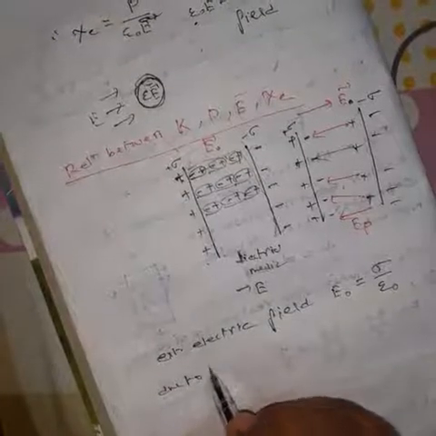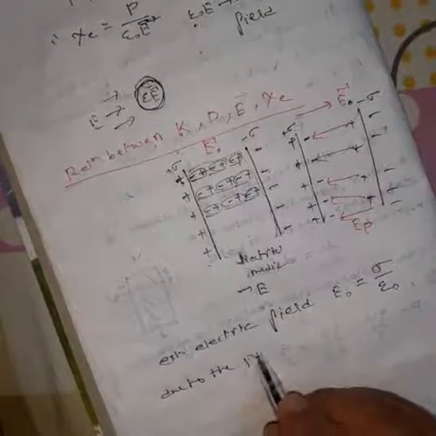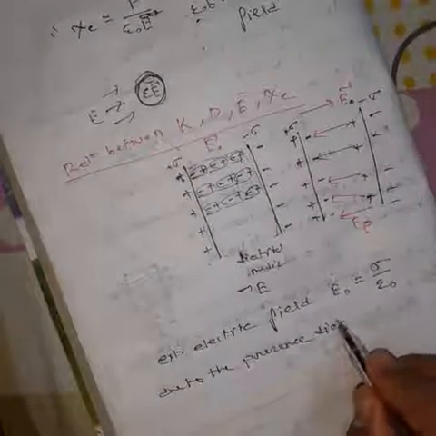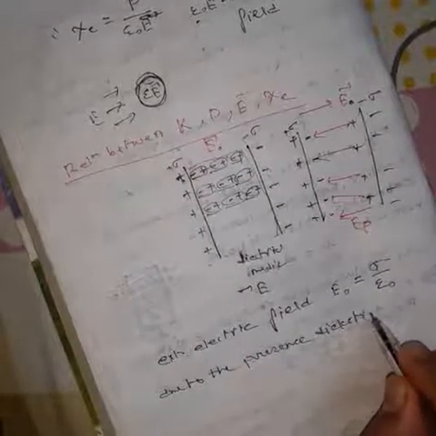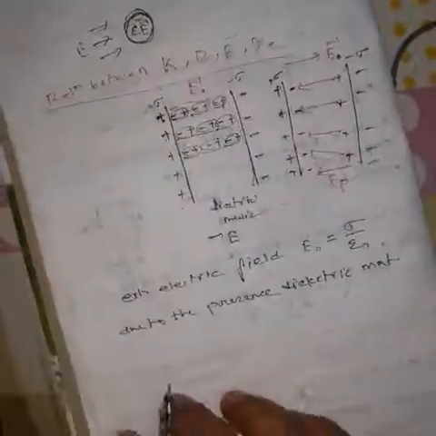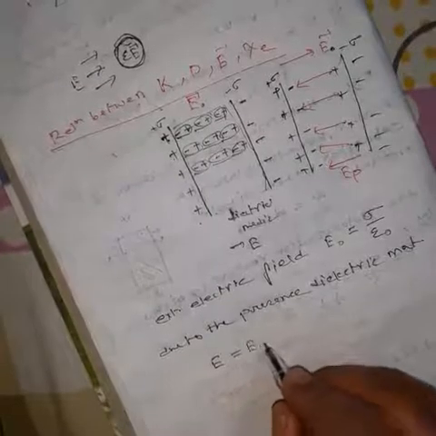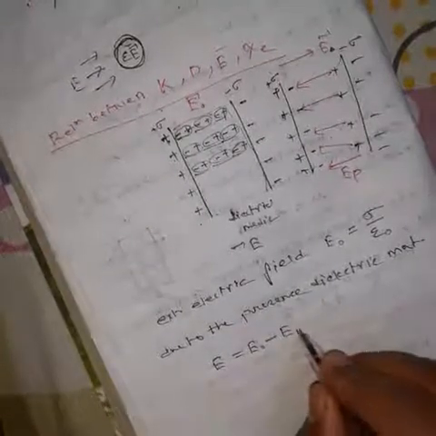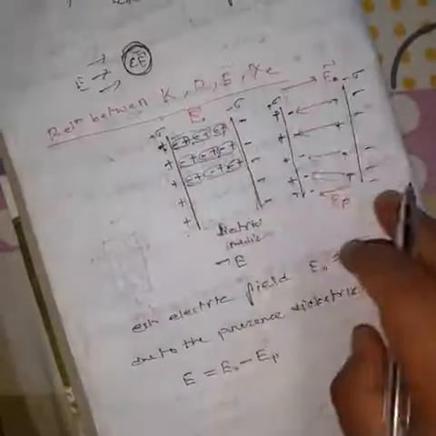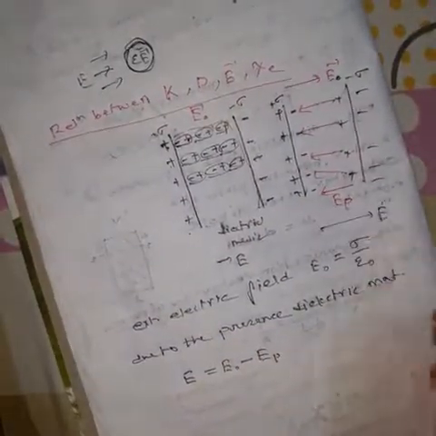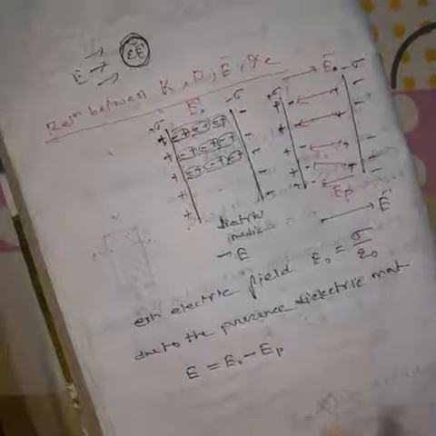Due to the presence of dielectric material, my net electric field is reduced and it is becoming E0 minus EP. So E0 is this, EP is on the negative side, so the net electric field I will have is E. So E is nothing but E0 minus EP.